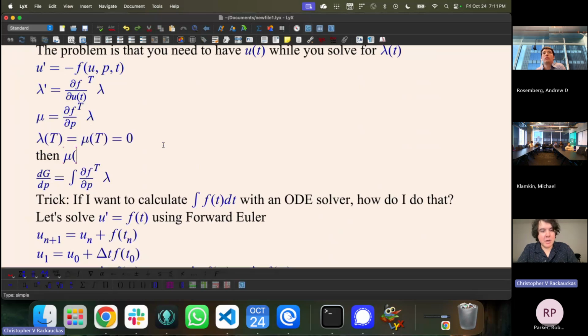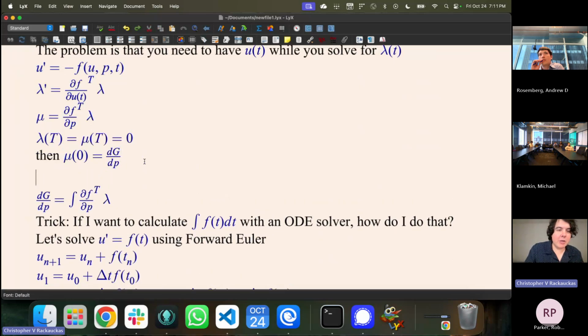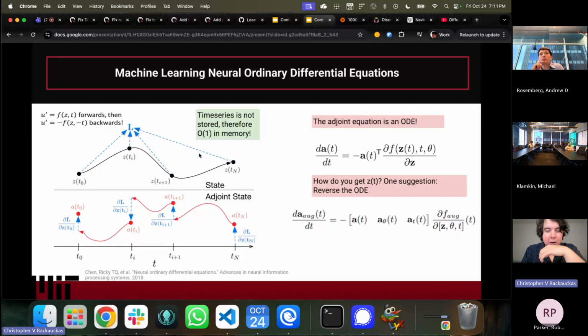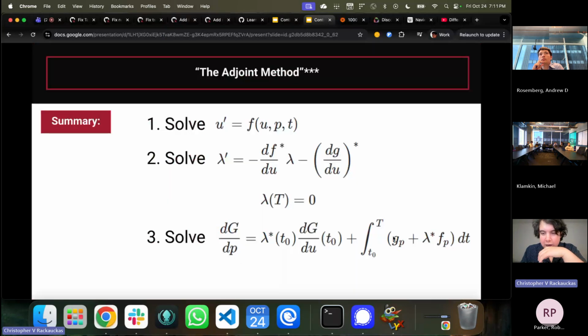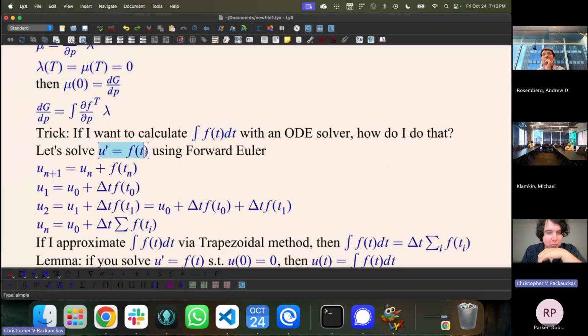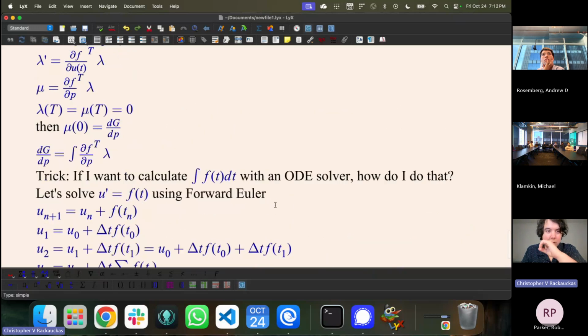From the adjoint equation, then mu of 0 is actually equal to dg dp, right? Again, the whole derivation is slower in the full course notes, but the idea here is that instead of directly calculating this integral, I can use this trick that integrals can be calculated via ODE solvers, right? All I do is put the integrand as the term in the differential equation, and then the end point of the ODE is actually the integral solution, right?